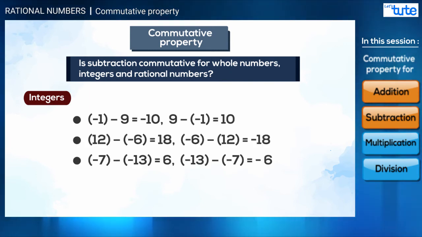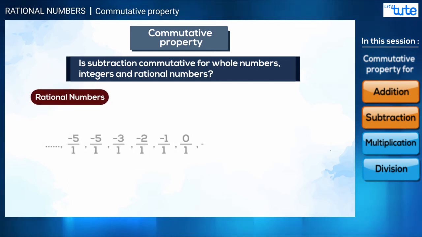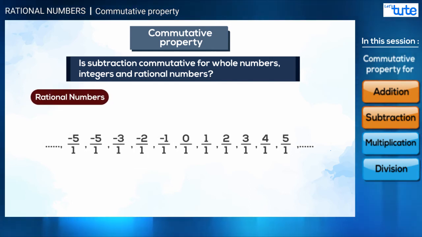Again, for integers too, while performing the subtraction operation, if the order of numbers is changed, then the result also changes. Hence we conclude that subtraction is not commutative for integers. Let us now subtract two rational numbers and check whether subtraction is commutative for rational numbers.